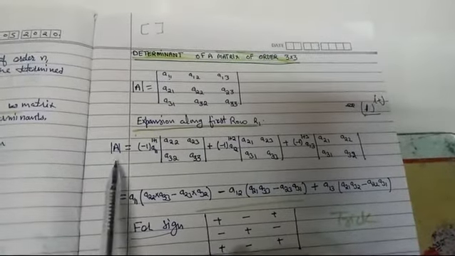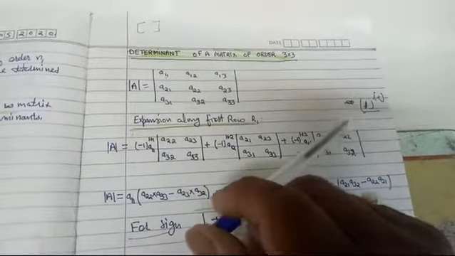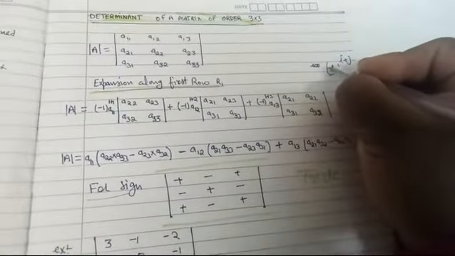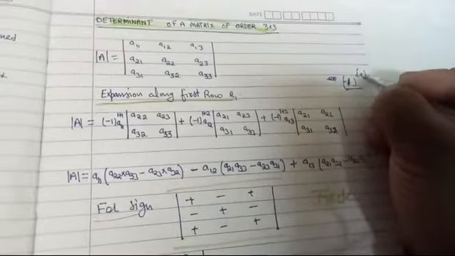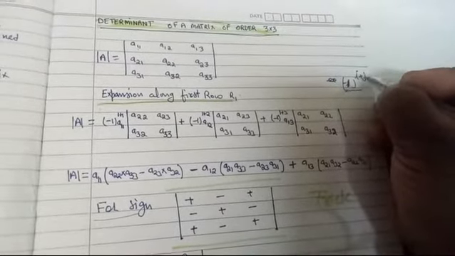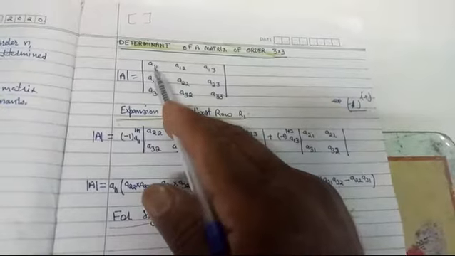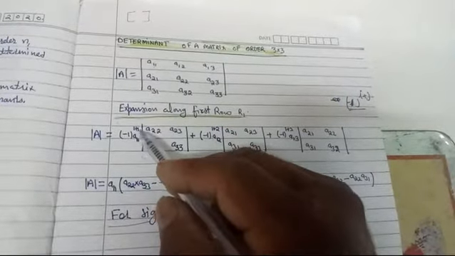So here the determinant of A is: first we have to write minus 1 to the power i plus j, where i means the position of the row and j means the position of the column. Like a11 means minus 1 to the power 1 plus 1.